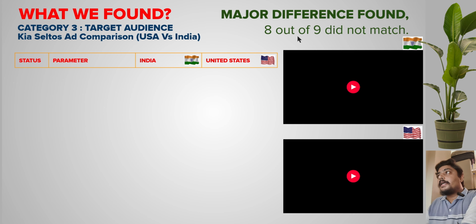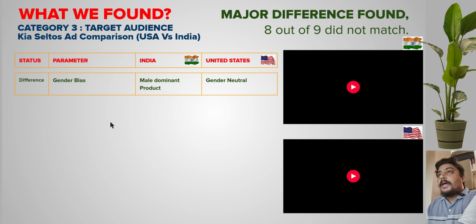So what exactly happened and what are the parameters in this target audience category? Let's see. The first parameter is gender bias, whether they showed gender bias or not. When we watched the whole ad, we found that the Indian ad was completely made for a male dominant audience, and it shows that the product is completely male dominant.